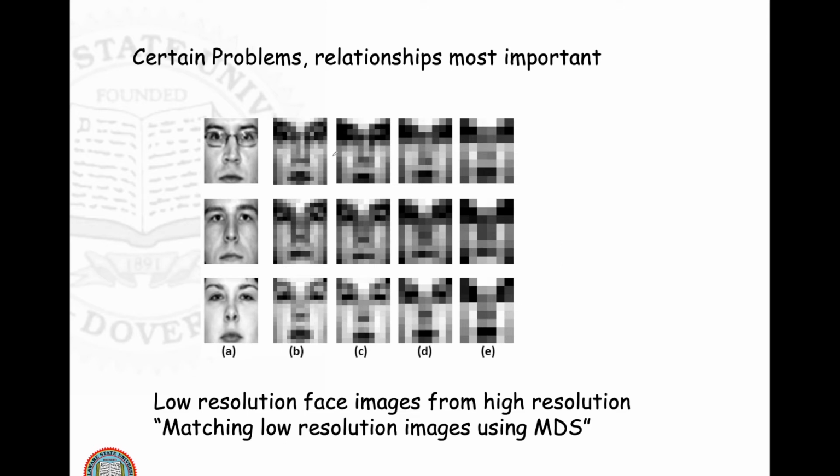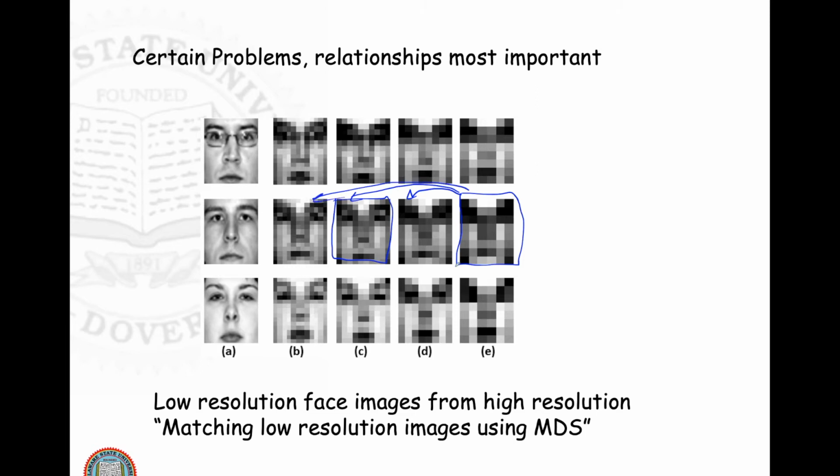One of the thoughts in this experiment is how do you match the low-resolution images to the high-resolution images? I don't know about you, but if they weren't organized this way, it would be kind of hard for me. Maybe this one looks a lot like its high-resolution image, but once we get down to this type of resolution, it's kind of hard to match it. But you can look at the relative relationship between this version of resolution and that one, this one to the next one, and then ultimately to the high-resolution one.